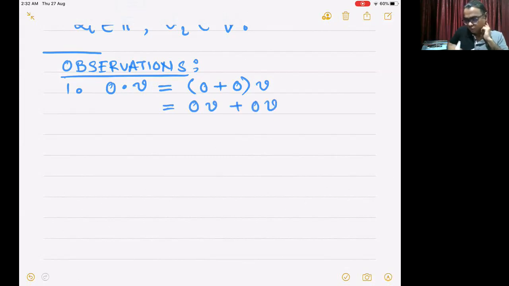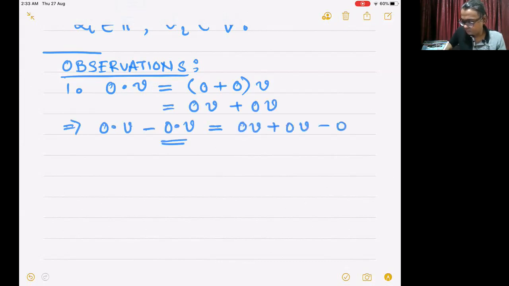Then if from both sides I subtract 0v, because a vector space allows subtraction of vectors, this is the additive inverse of 0v. This is 0v plus 0v minus 0v. So this will cancel out, and what we will be left with is 0v. This is a vector plus its additive inverse, so it must be 0. So this 0v must be the 0 vector. So 0 times v is equal to 0 in the vector space.